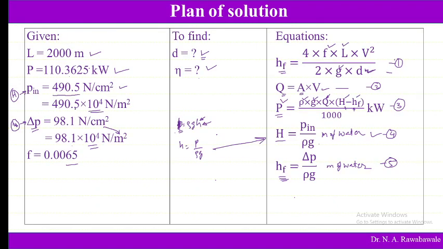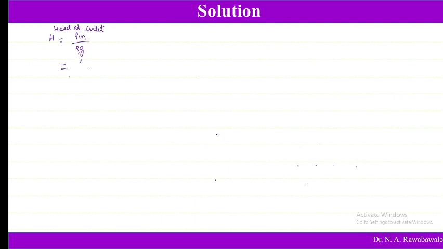So now H is equal to P in divided by rho g. So head at inlet, P in, the pressure at inlet, is 490.5 into 10 to the power of 4 divided by 1000 into 9.81.